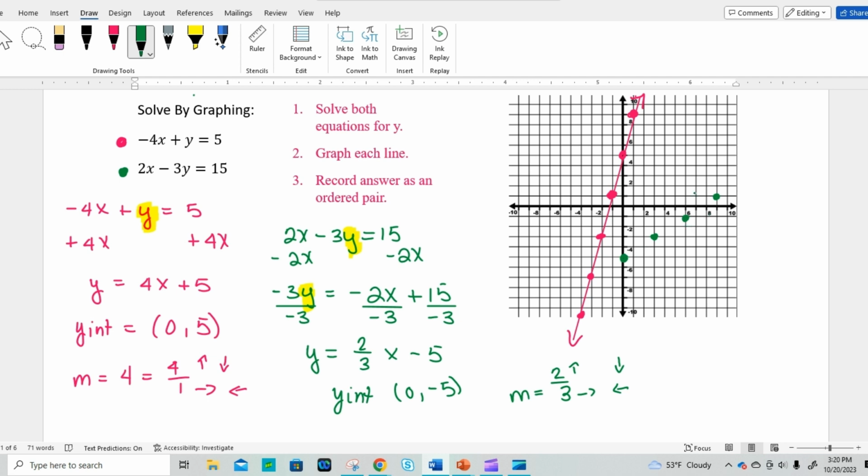So obviously, I'm not going in the right direction, and there's never going to be an intersection point that way. If I want to go closer to my pink line, I'm going to go down 2 units and 3 units left. Pardon me, goodness. Down 2 units, 3 units left.